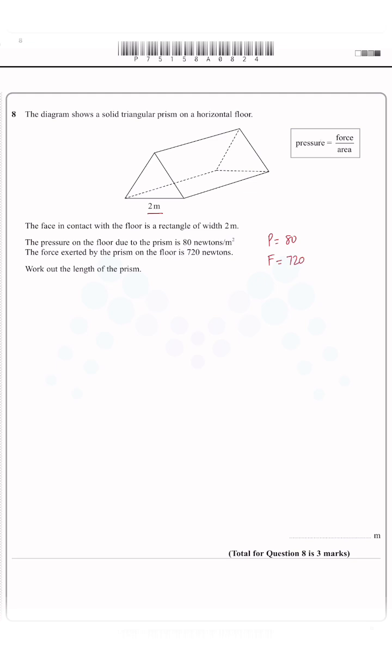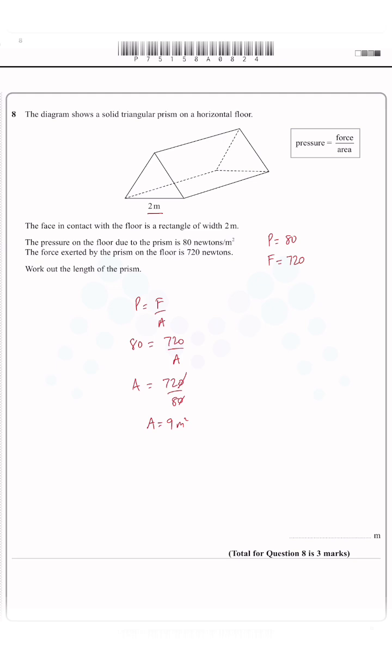Now, I have this formula here. Pressure is equal to force over the area. So from there, because I know the pressure and I know the force, 80 is equal to 720 divided by the area. So to rearrange that, I get area is equal to 720 divided by 80, divide both by 10, and it gives you area is equal to 9. Now that's going to be 9 meters squared.